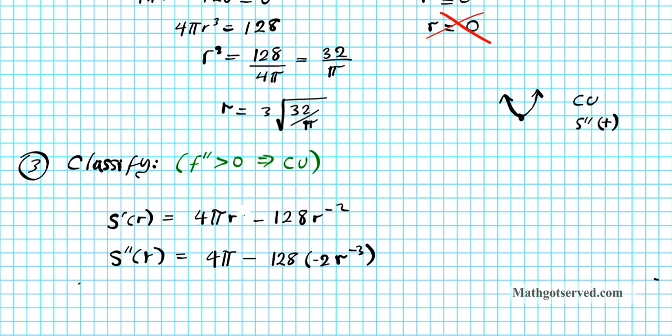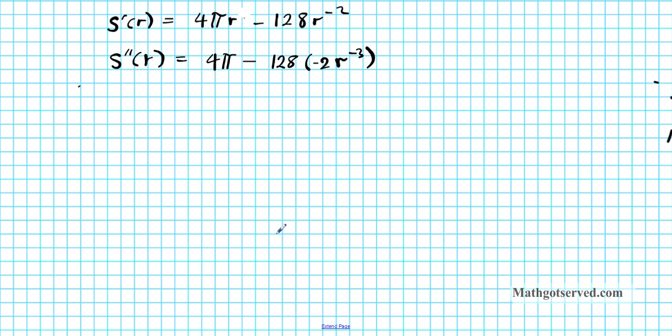And then when we simplify that, we're going to have S double prime of r equals 4 pi, minus times minus is a plus, plus 128 divided by r to the third.